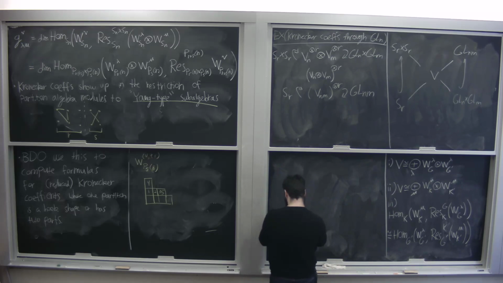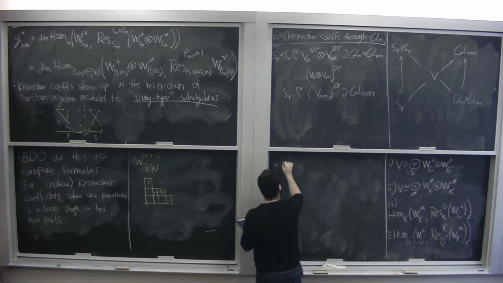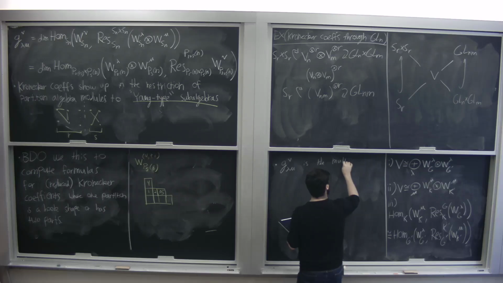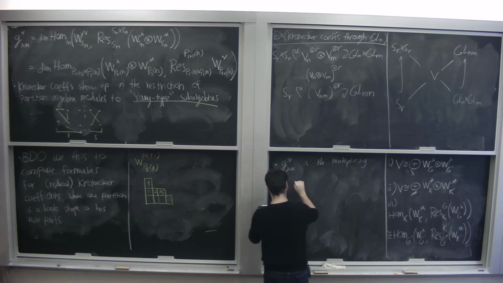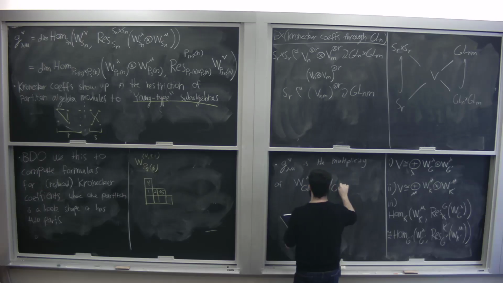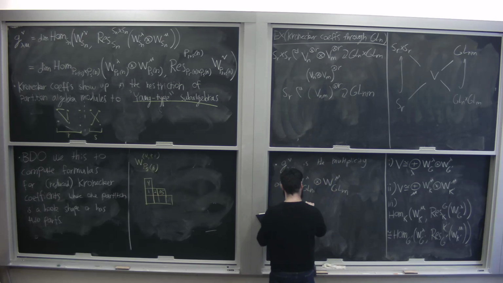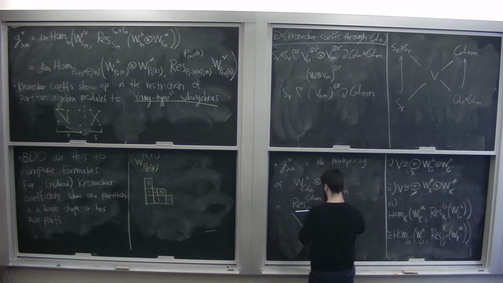And so this means if we want to understand this Kronecker coefficient, g lambda mu nu, this is just the multiplicity of W GLN lambda tensor W GLM mu in the restriction from GLNM to GLN cross GLM of this irreducible W nu.